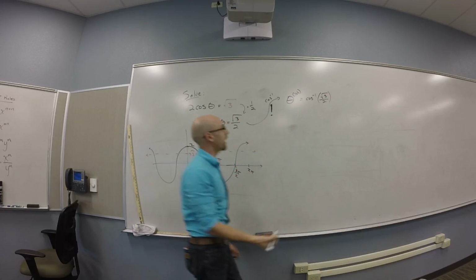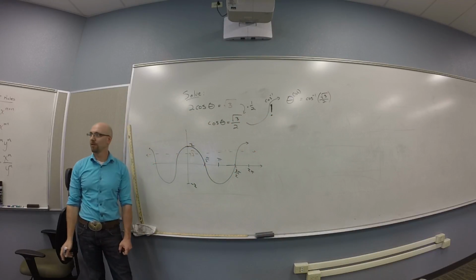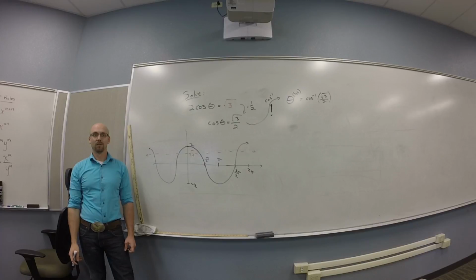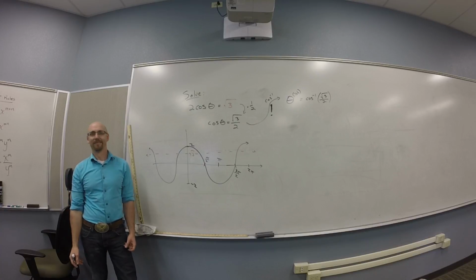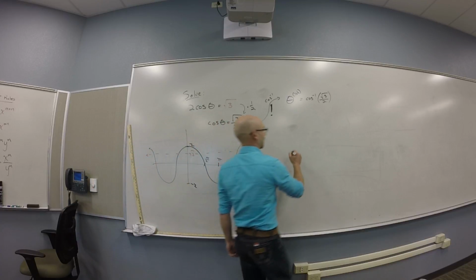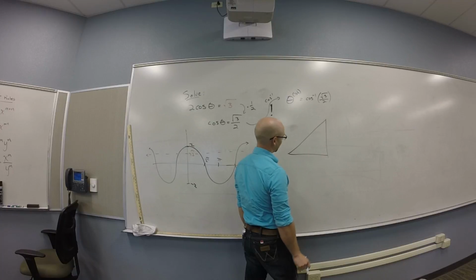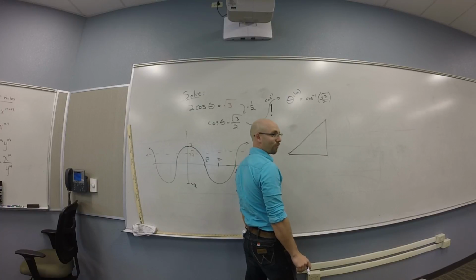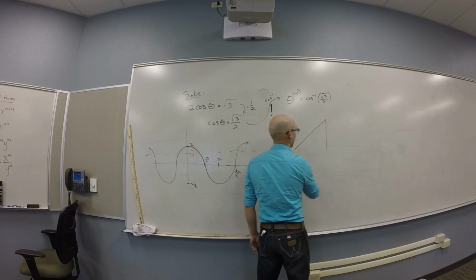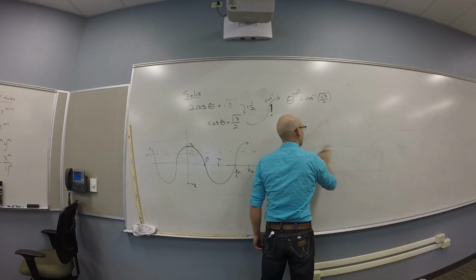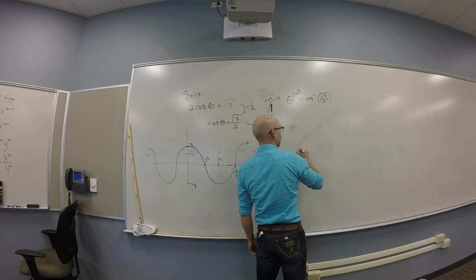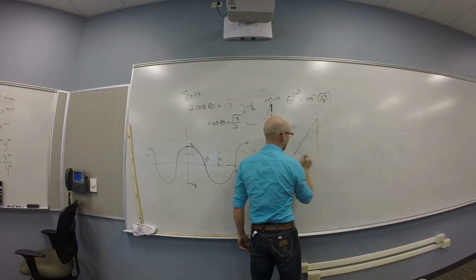Okay, so do you know an angle where the cosine is root 3 over 2? Do you know a triangle with root 3's and 2's in it? Oops, this is a crap triangle for the one I was trying to go for. See, I'm looking for the equilateral triangle cut in half, right?